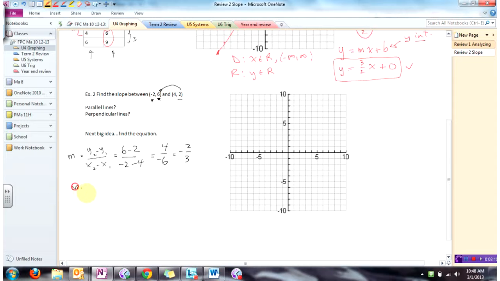The other way of doing this is to subtract in the reverse order. Start with the second point, and that's typically what this formula suggests, but it really doesn't matter, as I'll show you. So now we're going to go 2 minus 6 for the y-coordinates, and we have to start with the second x-coordinate, so it'll be 4.